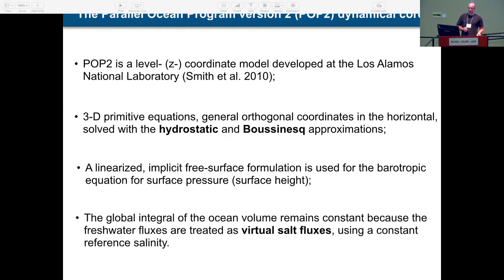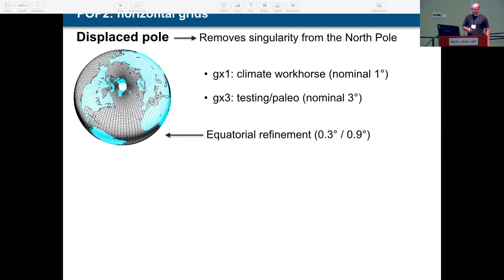The global integral of the ocean volume remains constant, a consequence of the Boussinesq approximation, and also because freshwater fluxes are treated as a virtual salt flux, using a reference salinity. This is particular to this model. The new model will not have that approximation or limitation anymore.